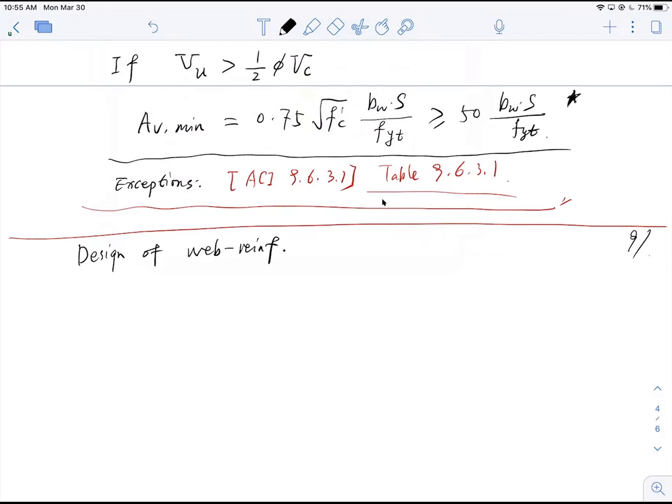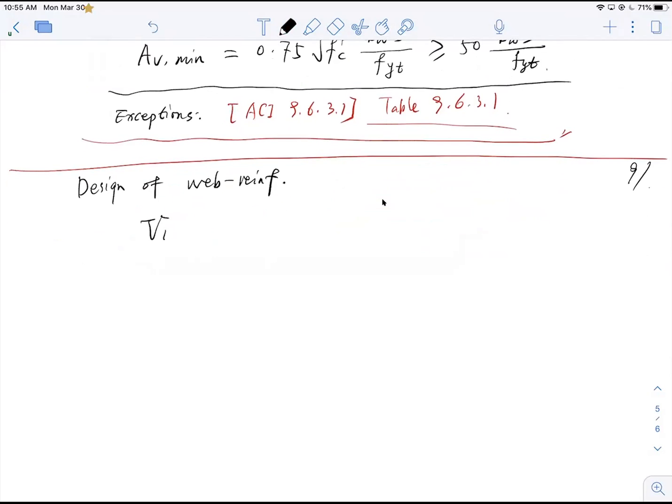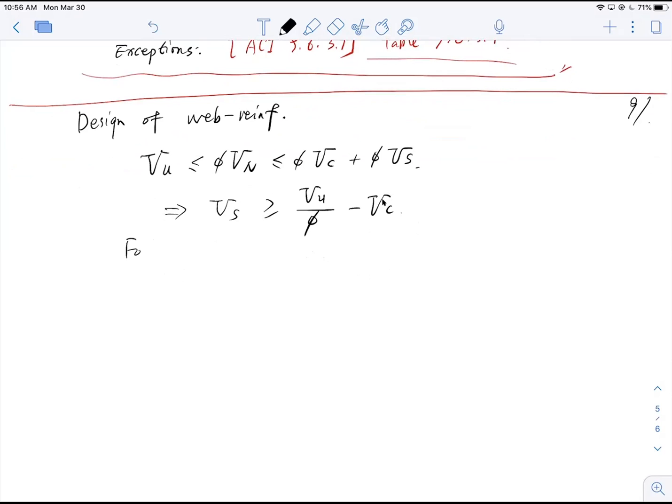Vu we know has to be smaller than phi Vn, that is phi times Vc plus Vs. That means the shear provided by reinforcement, Vs, has to be greater than or equal to Vu divided by phi minus Vc.